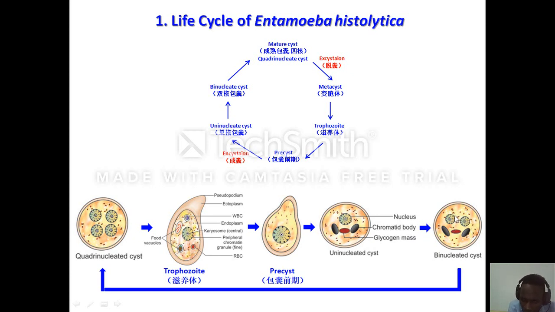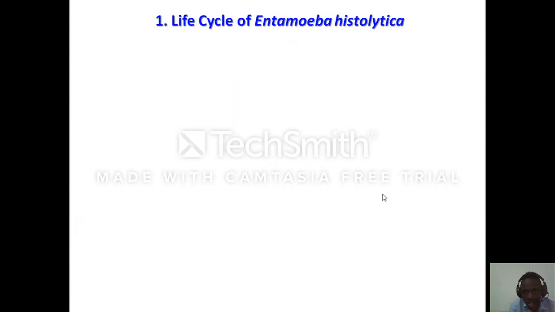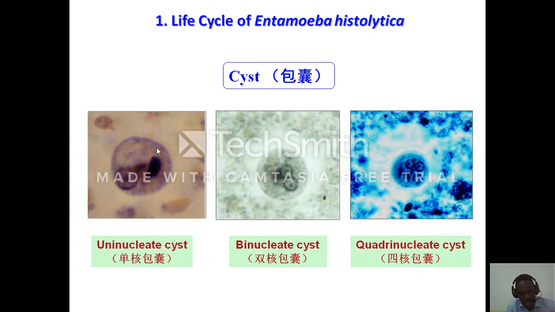From binucleated, it doubled again in its nucleus to become a quadrinucleate cyst again. And that is how the life cycle goes each and every time. It goes about in a circular manner like that. So that is it. Now let's see under the microscope.